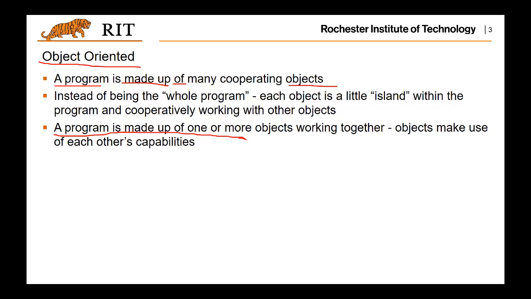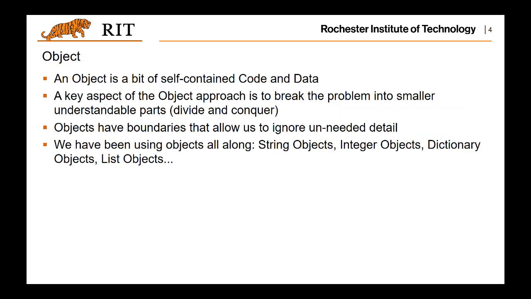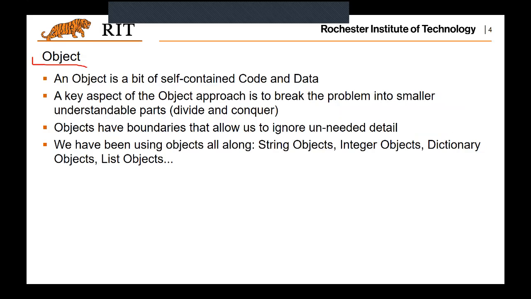And if we look at the object more carefully, you might ask, what is an object? Actually, an object is a bit of self-contained code and data. It's not just the code, but also data. You organize this code and data together and put it into an object. So that's how the object works.